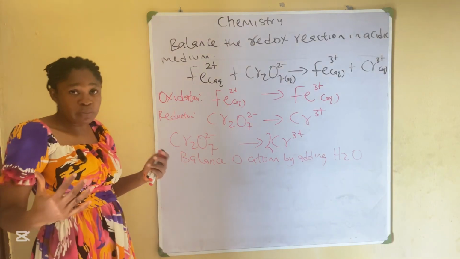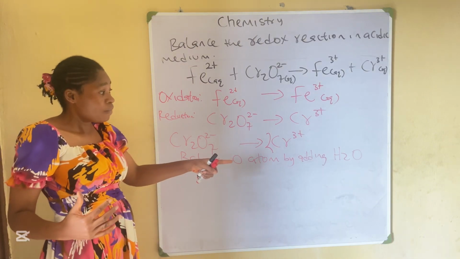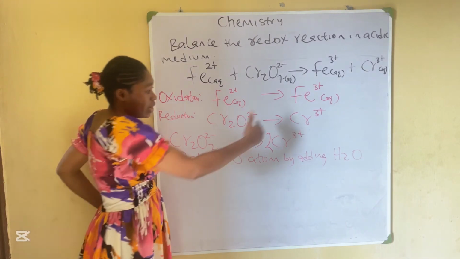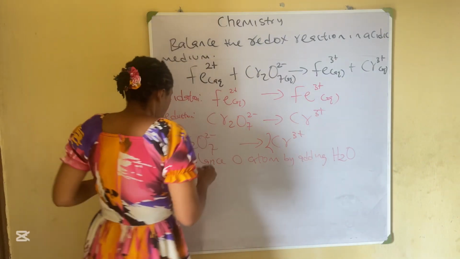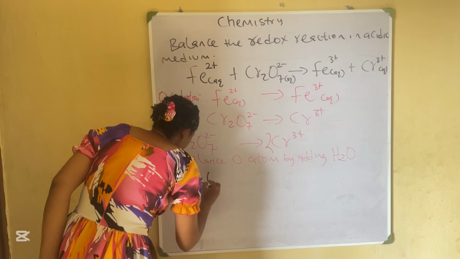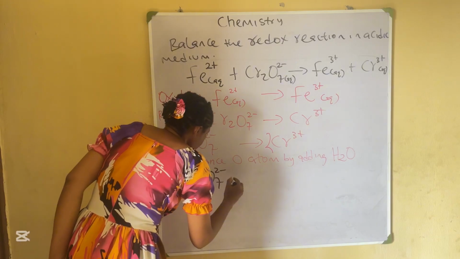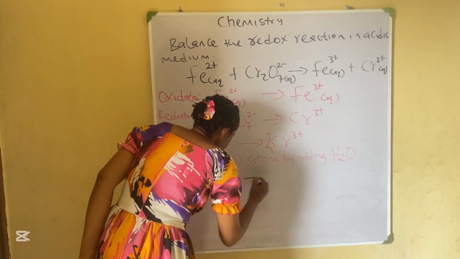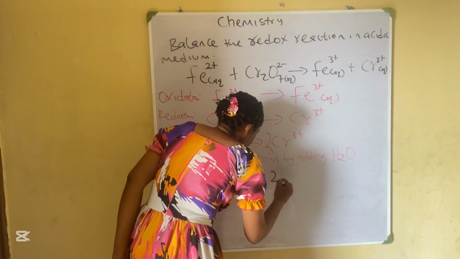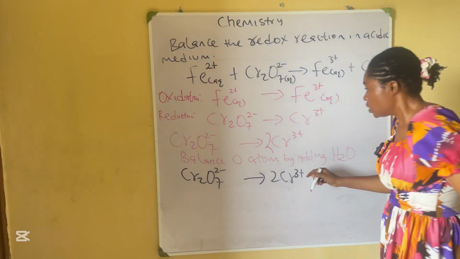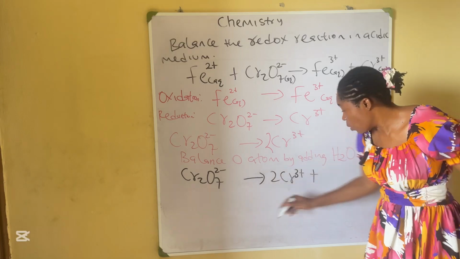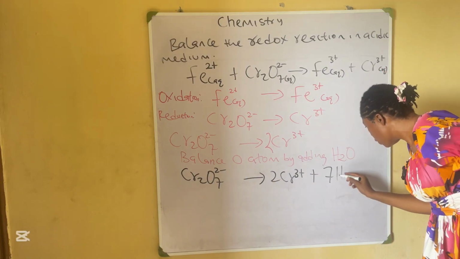Put water on the right hand side, the other side. Because I need 7 oxygen atoms, I'll add 7 molecules of water.